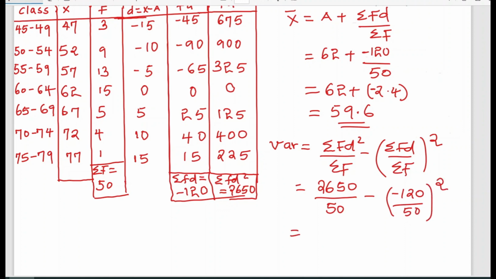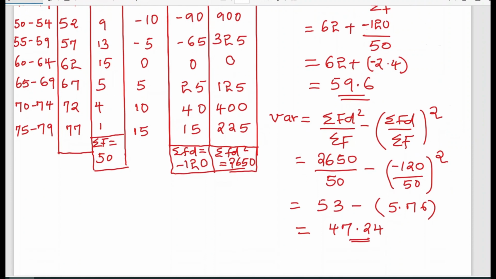So 2650 divided by 50, we are going to get 53, minus, and then this one, just place it in calculator, negative 120 over 50, the whole of it squared. This one we are going to get positive 5.76. Then when you subtract the two, you are going to get our variance is 47.24. That is our variance.